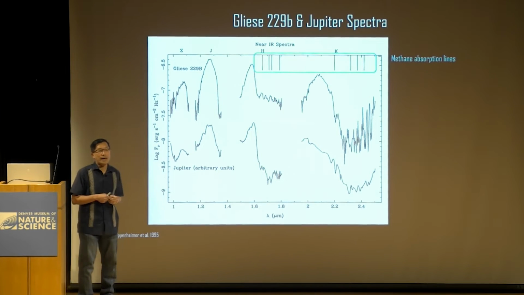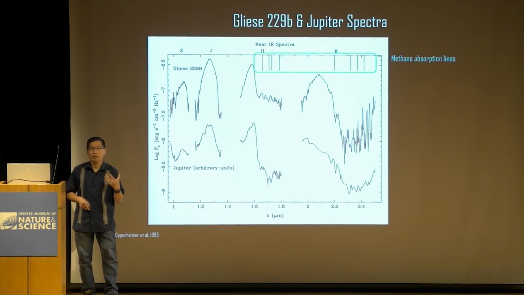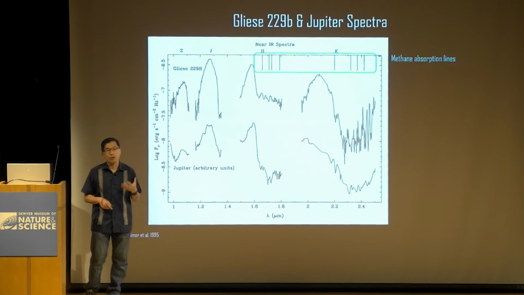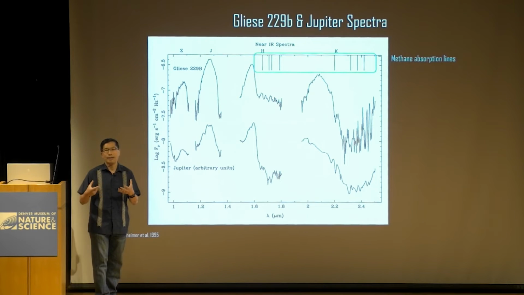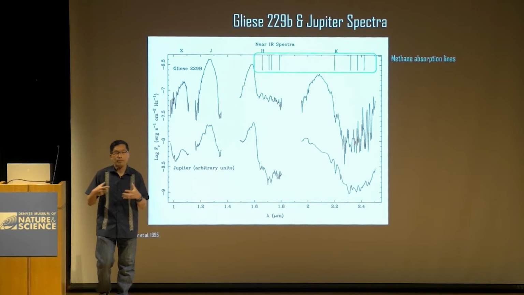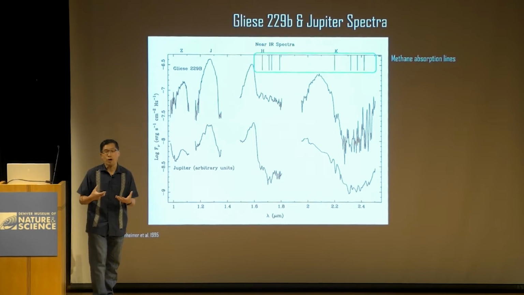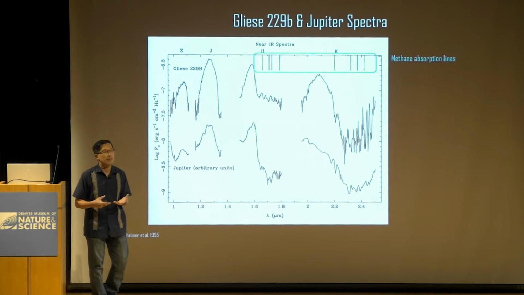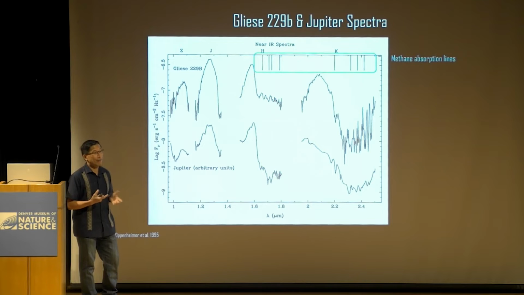So what this is saying is that this object is cool enough for methane to exist in the atmosphere. Normally if you have a star, perhaps there is methane in the cloud that collapsed to form the star, but the temperatures in stars are so hot, thousands of degrees, that molecules like methane don't survive for very long.